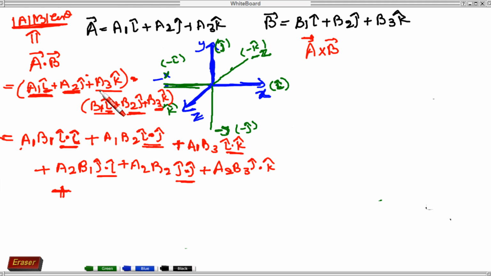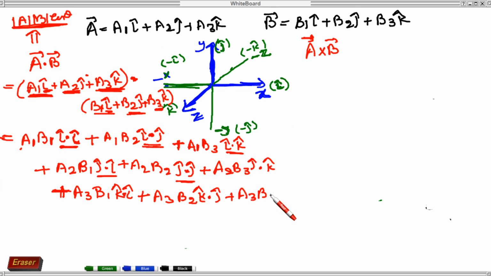These are vector dot products. Plus, now I have to multiply this to all three: a3 b1 k dot i, remember dot is written over here, a3 b2 k dot j, and a3 b3 k dot k.